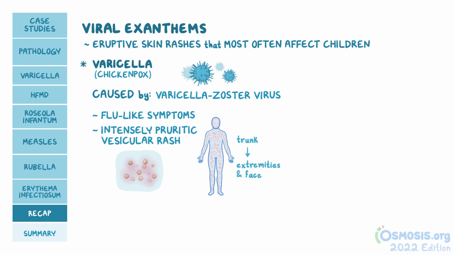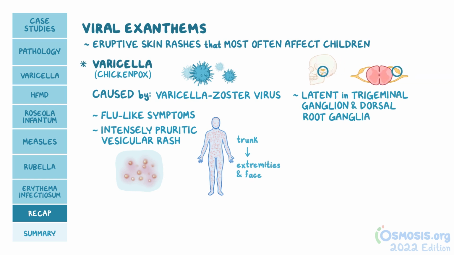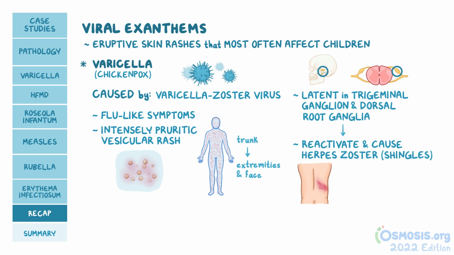The virus can also remain latent in the trigeminal ganglion and dorsal root ganglia. Later on, it can reactivate and cause herpes zoster or shingles, which typically causes a vesicular rash that presents with pain, itching, or tingling in the affected dermatome, and may lead to postherpetic neuralgia.